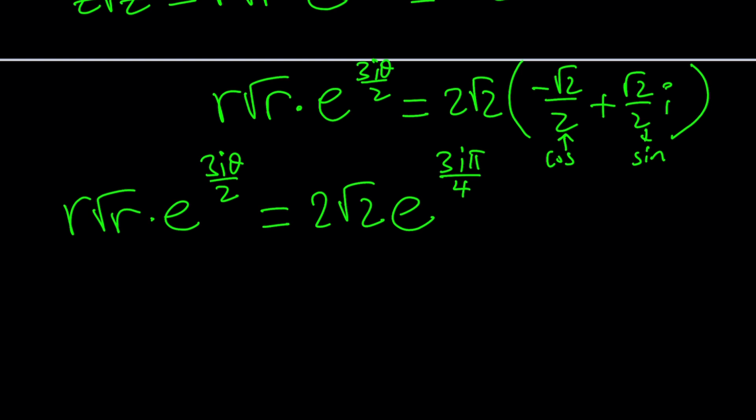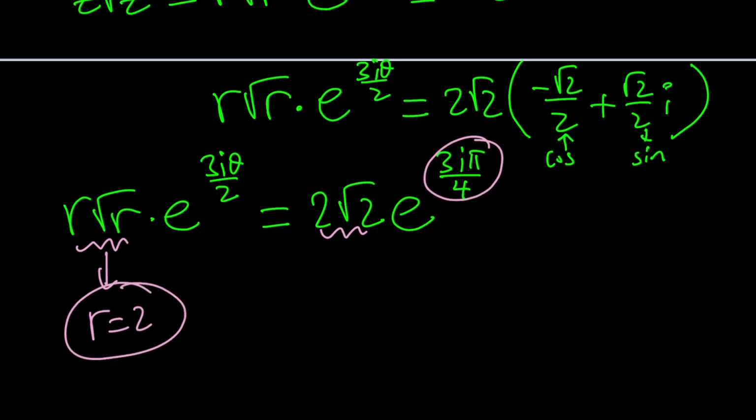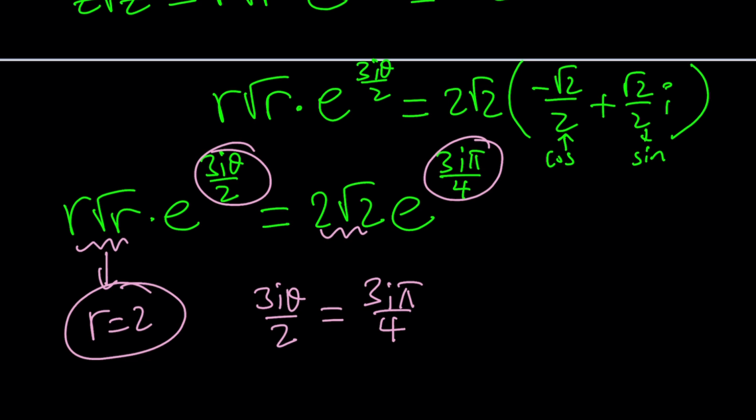Now by comparing the moduli, such an interesting word, right? We get that, okay, r equals 2. Nice. And by comparing these two things, we get 3i theta over 2 equals 3i pi over 4. 3i cancel out, and we get theta equals pi over 2.